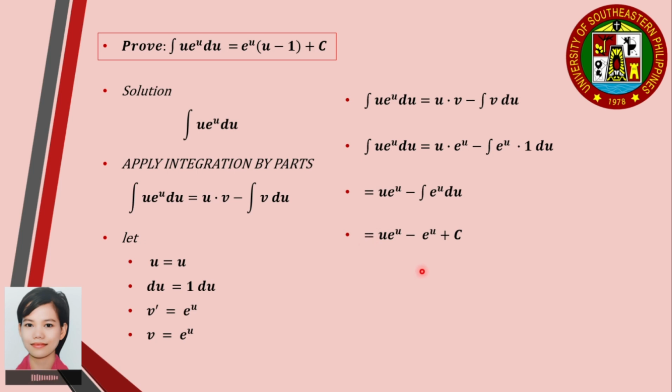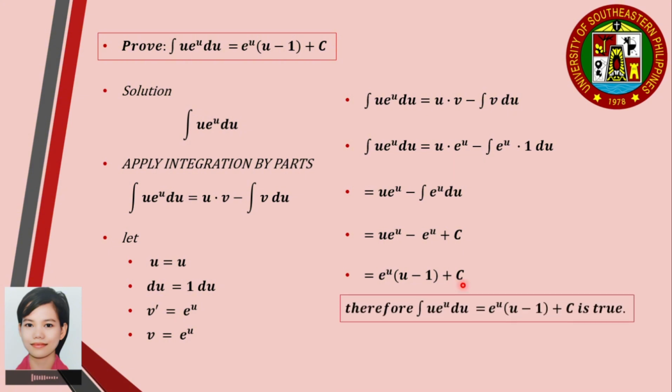So it will become e raised to the power of u multiplied by the quantity u minus 1 plus c. So our answer is the same as this one. So we can conclude, therefore, that the integral of u multiplied by e raised to the power of u du equals e raised to the power of u multiplied by the quantity u minus 1 plus c is true.